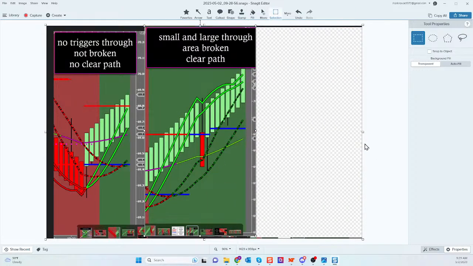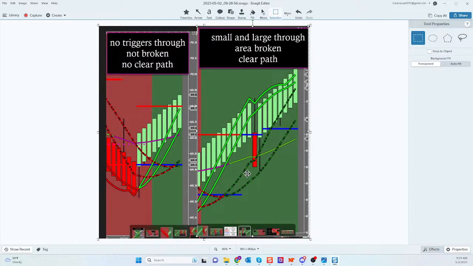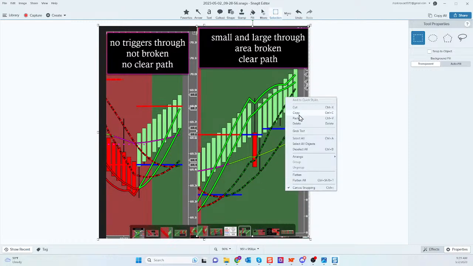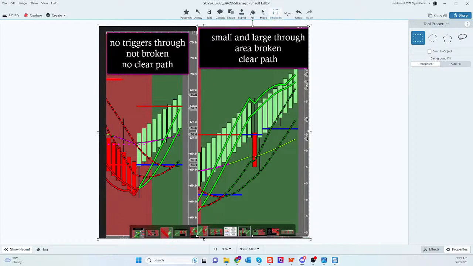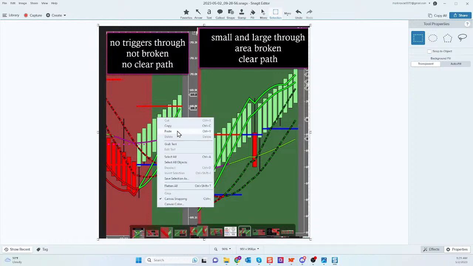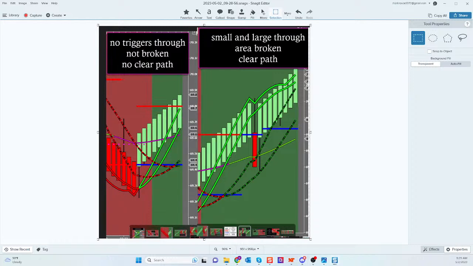We're just going to keep it. It's either broken or it's not broken. And guys, for your first 30 days, these are your options. You either have a clear path. Whoops, let's get both of them on there. You either have a clear path or you don't.